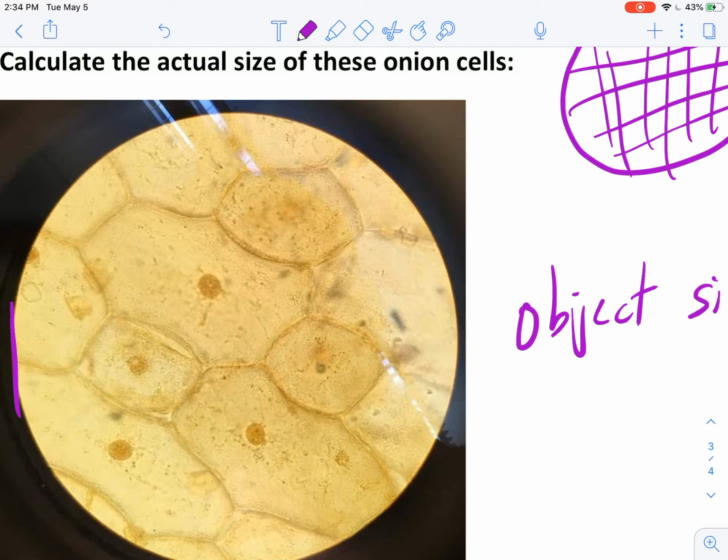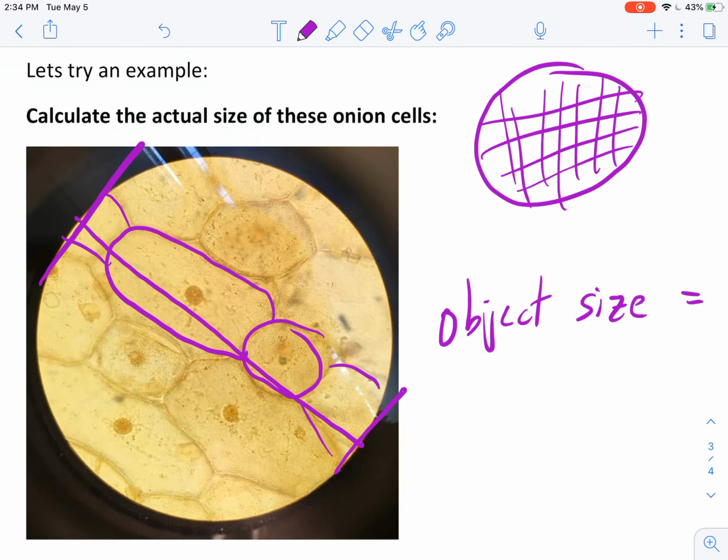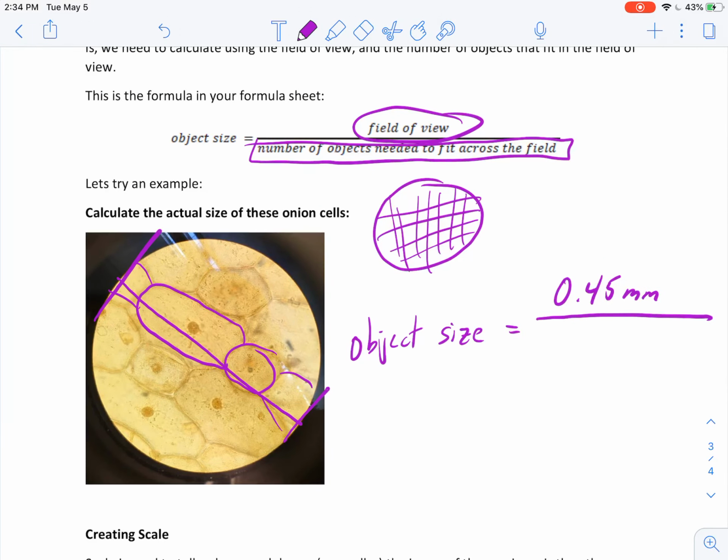Now it's a little bit harder because they're kind of on an angle. So I'm going to go from here all the way to here. And I count one big one, and then kind of half of another one. So on average, I kind of got to make an average width. I'm going to say that there's a total of 3 cells that go across.